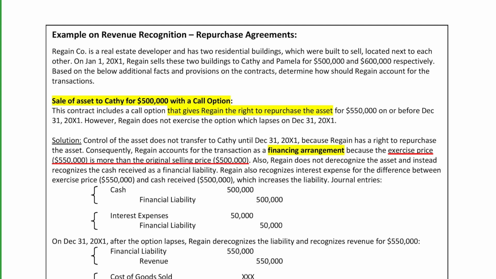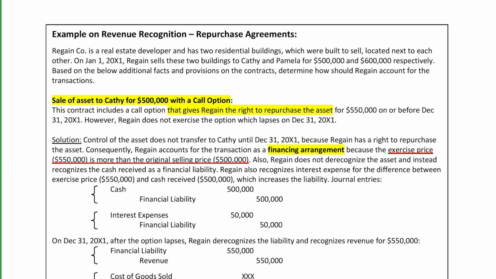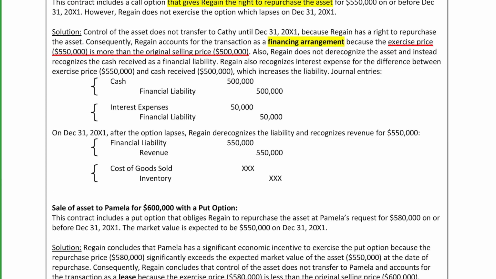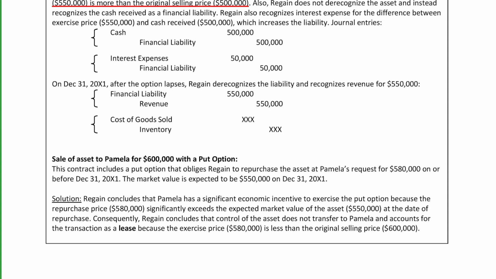But what we see here is Regain does not exercise the option, which lapses on December 31st. Only after the option lapses, Regain recognizes revenue.